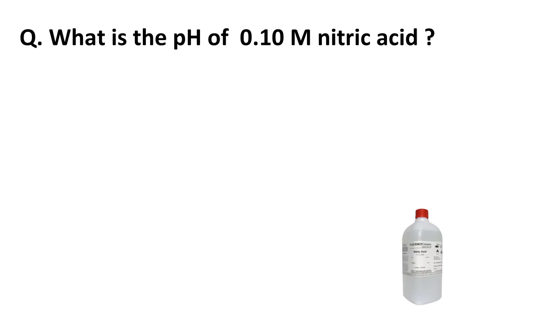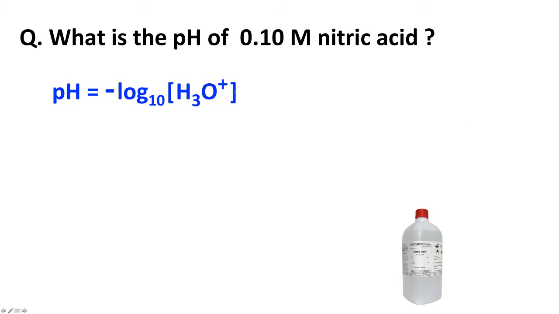Now, let's apply this to a calculation. The question is, what's the pH of 0.10 molar nitric acid? Well, the pH of anything is going to be calculated by taking the negative log base 10 of the hydronium ion concentration. So note, we're not taking directly the negative log base 10 of the stated concentration.